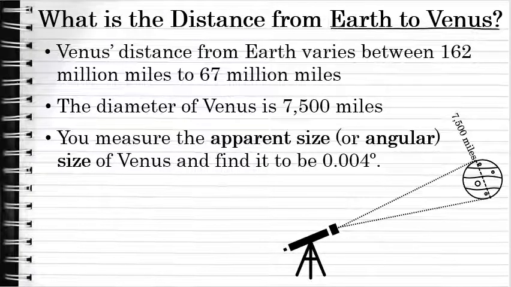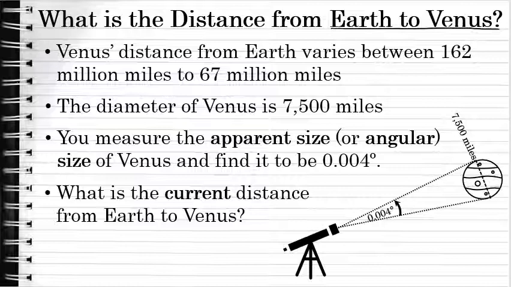That measurement is the angle from your point of view between the top and bottom of planet Venus, which at the time that this video is being made is approximately 0.004 degrees, rounded off to the nearest thousandth. This is enough information to answer the question, what is the current distance from Earth to Venus? Let's do that now.